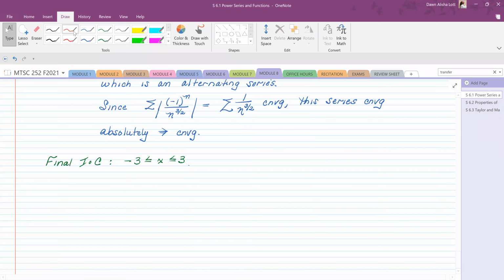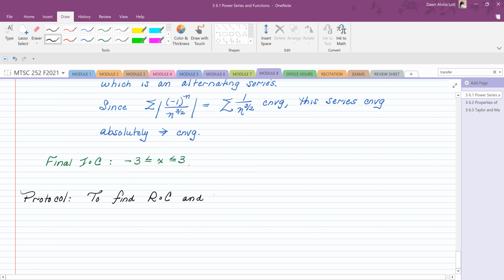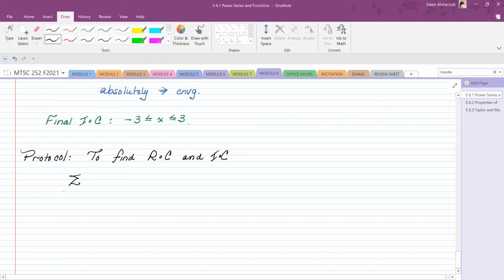Okay, so let's do some protocol here. To find the radius of convergence and the interval of convergence, you start off with the sum, n equals 0 or 1 or whatever it is, of Cn times (x minus x naught) to the n.